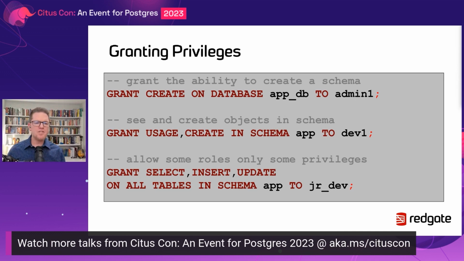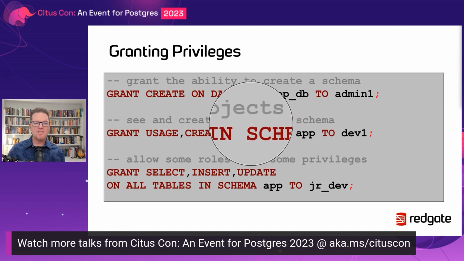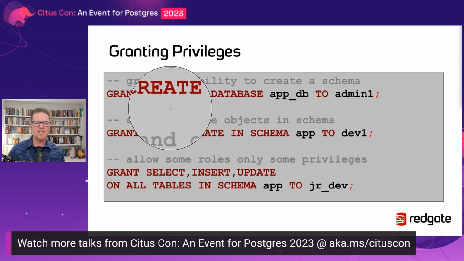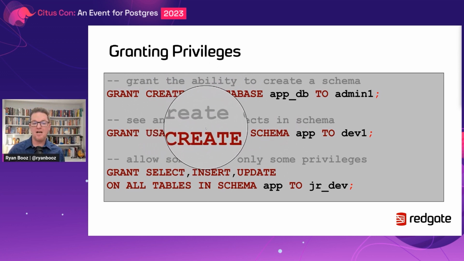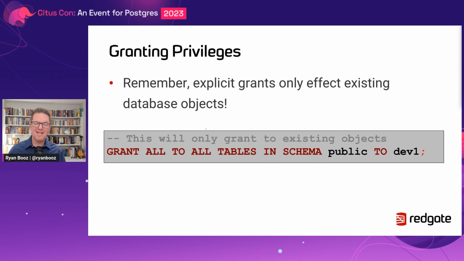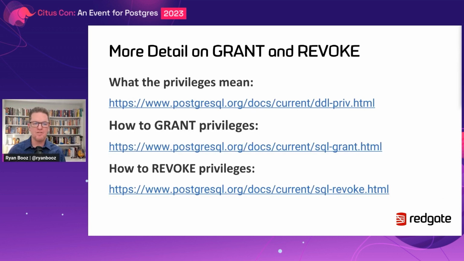And the confusing part can be, at times, these little objects in between. So what does create mean in context of a database? What does create mean in context of a schema? Well, the way that we apply that, and again, I forgot that I had the slide here, one more reminder that anytime you run a grant statement manually, it only applies to the objects currently in force.